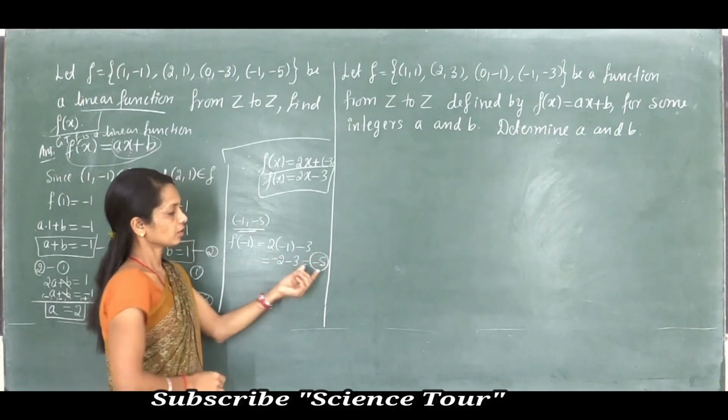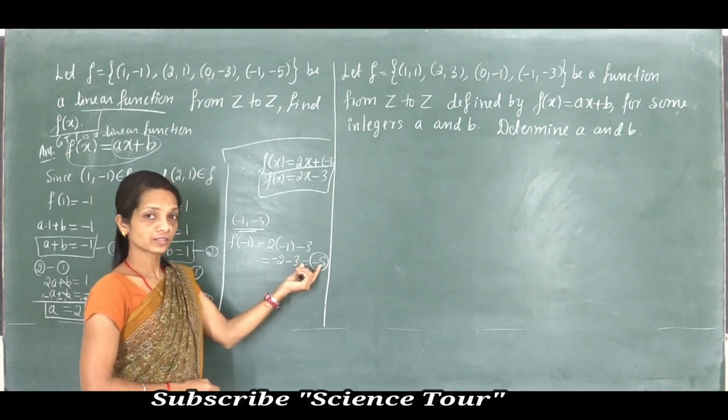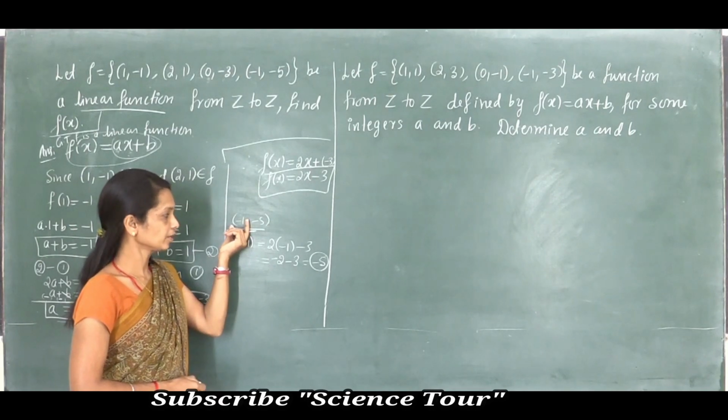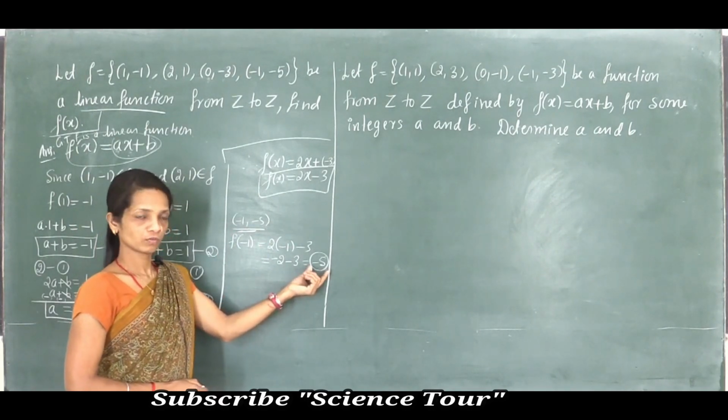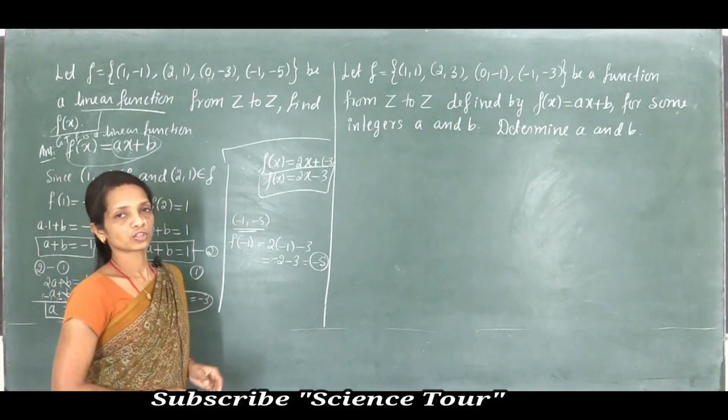We got the second element of that ordered pair, that is minus 5, as the answer. When we replace the x place by the first element, on simplification we got the second element as the answer. So this obtained function is correct.